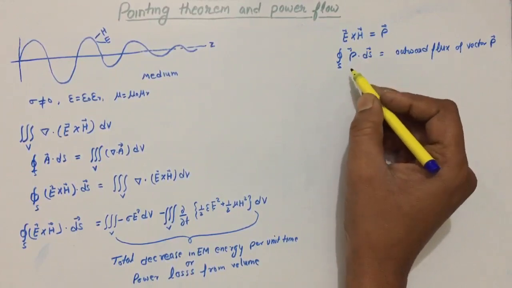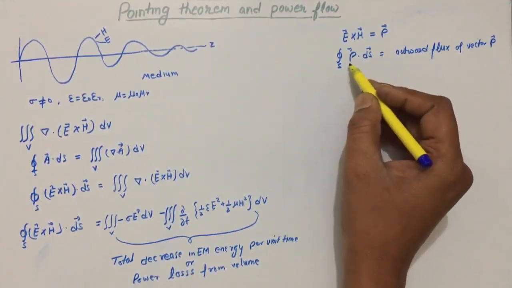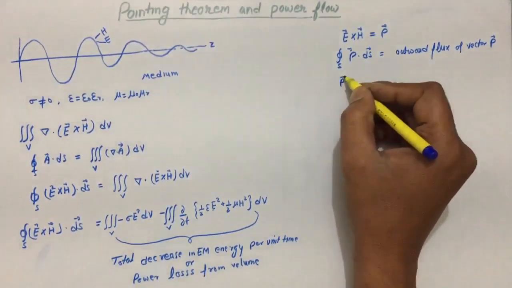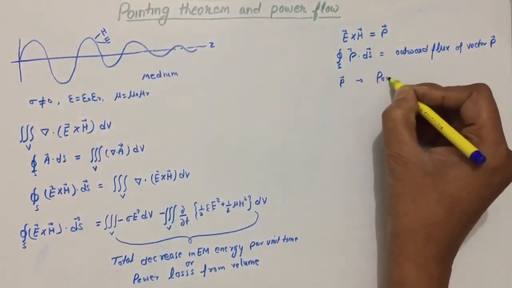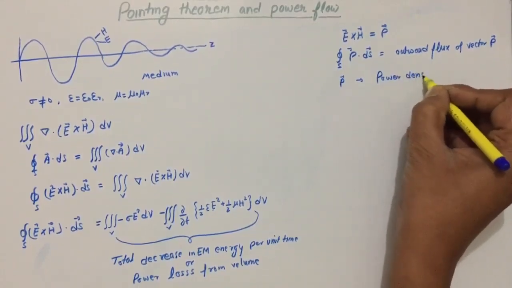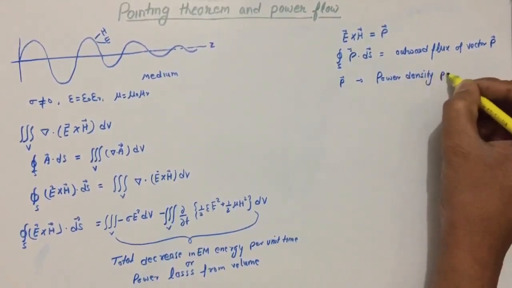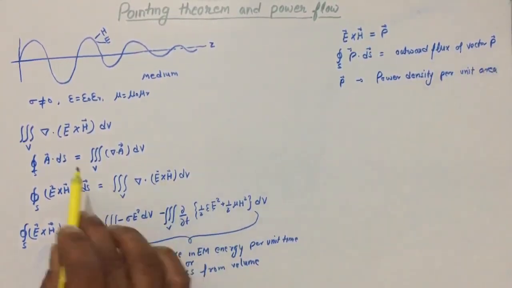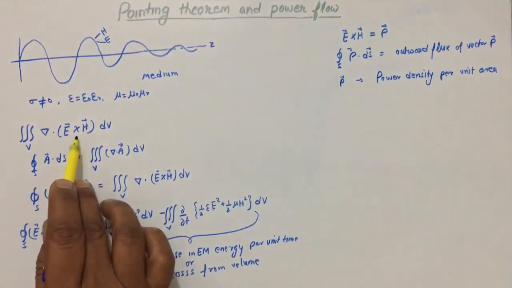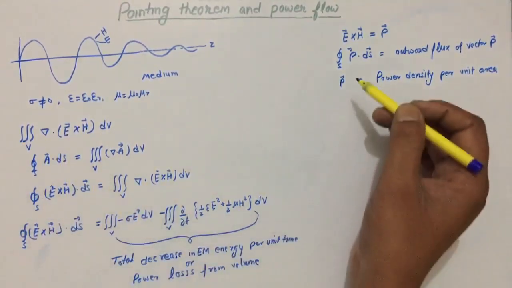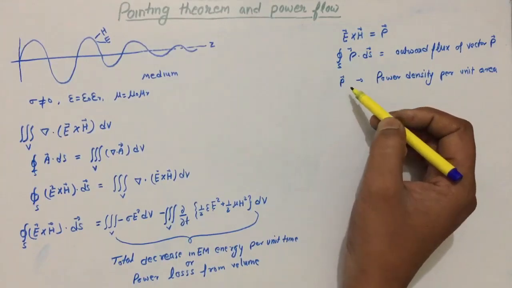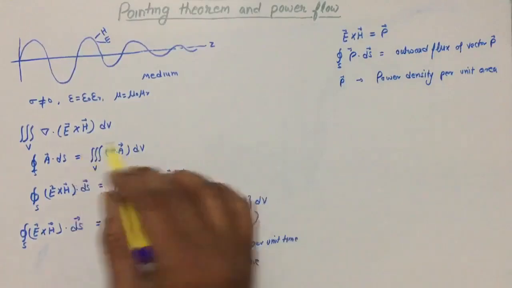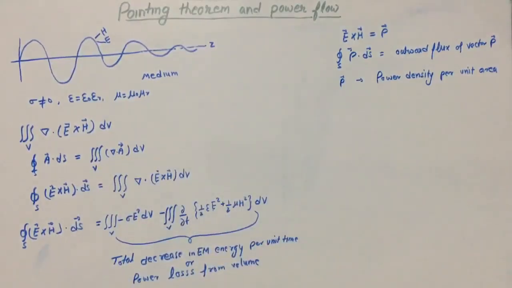We can say that P is the power density per unit area. Here this is the power density per unit volume, and if we have P dot ds, then we can say it is the power density per unit area.